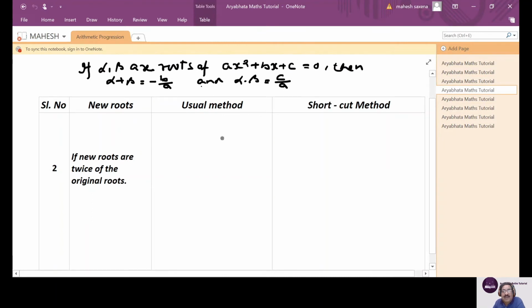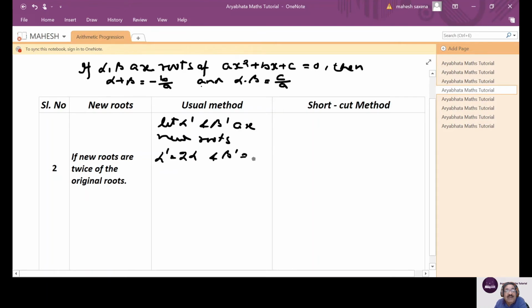In the second example, let the new roots be twice the original roots. Again, let alpha dash and beta dash be the new roots. Therefore, alpha dash is equal to 2 alpha and beta dash is equal to 2 beta. Therefore, alpha dash plus beta dash is equal to 2 (alpha plus beta), that is equal to minus 2b upon a.